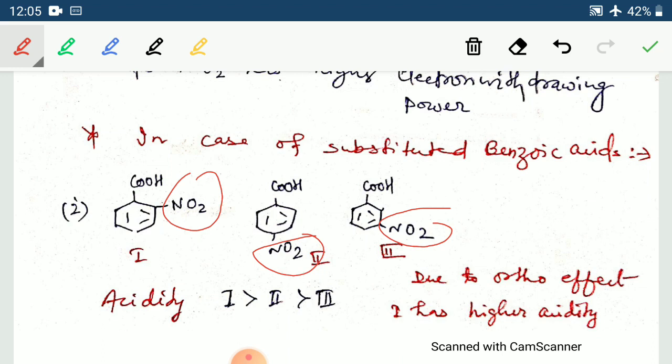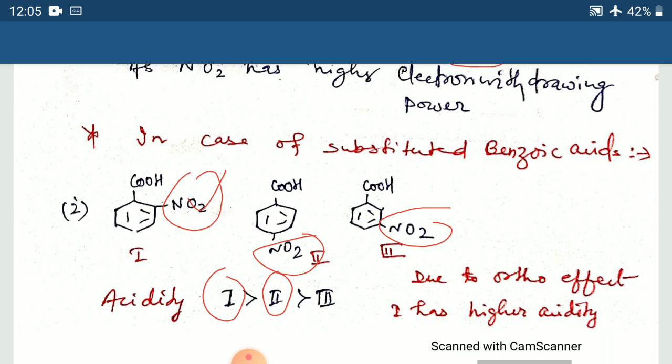But one more important thing here is the ortho effect. In the case of benzoic acid, a group which is either electron donating or electron withdrawing, it doesn't matter, will enhance the acidity, and this effect is known as the acidic ortho effect. So this one shows the ortho effect. So first will be more acidic, then the second one, and the third one will be less acidic.